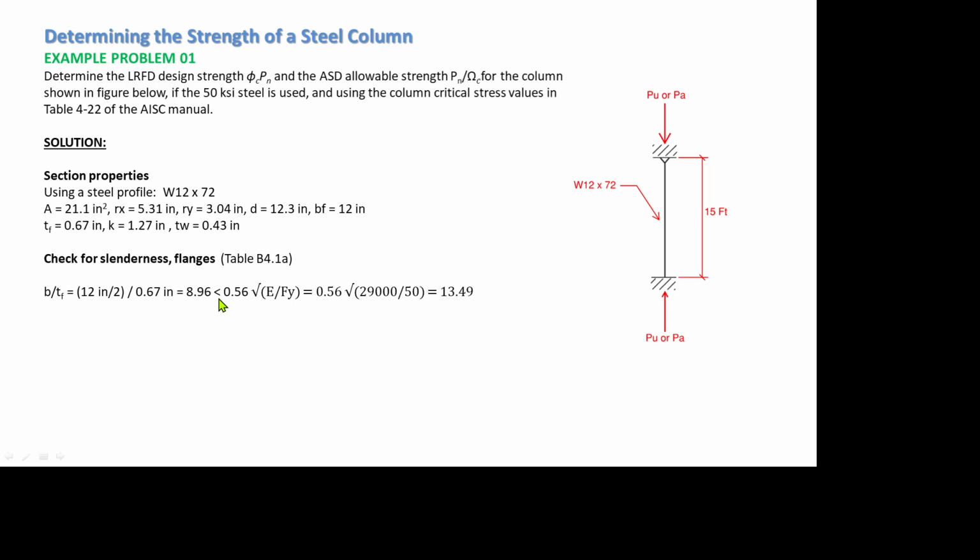This should be less than 0.56 square root of E over Fy, which is 0.56 square root of 29,000 over 50 KSI, equal to 13.949. Since this is less than the limiting width to thickness ratio for slenderness, our flange is a non-slender unstiffened element.